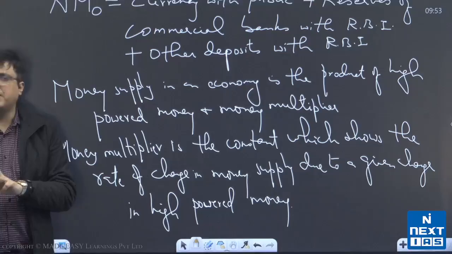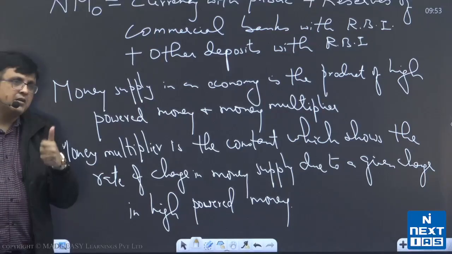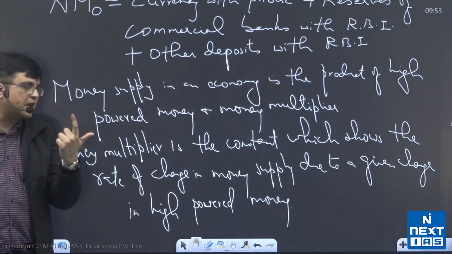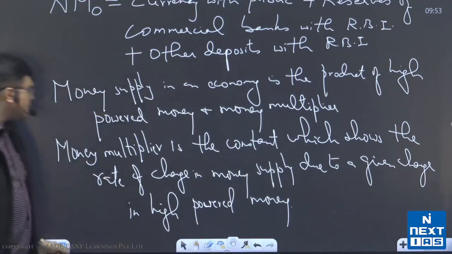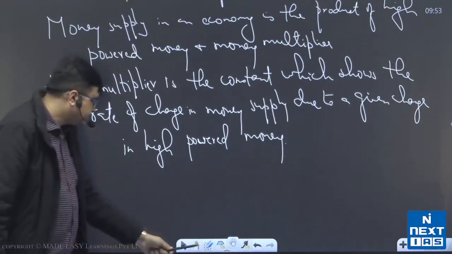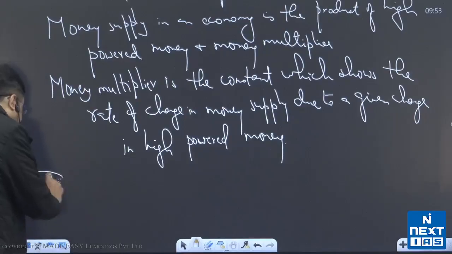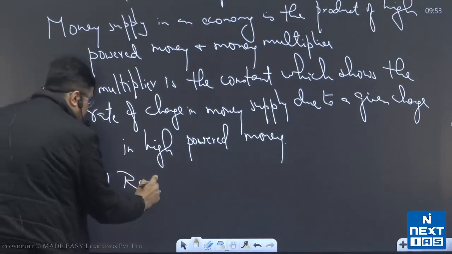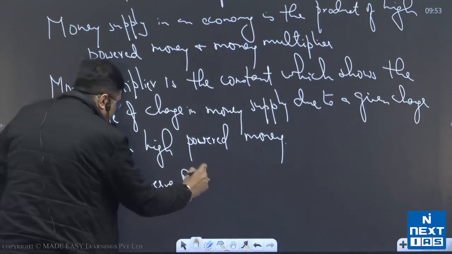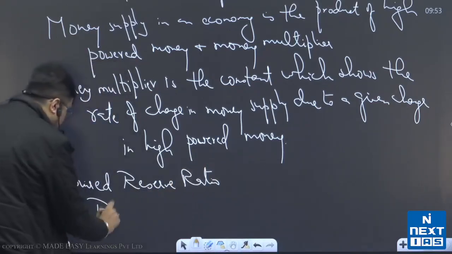And what is high-powered money? Currency with public, reserves of banks with RBI, and other deposits with RBI. Just one more concept you keep in mind. It's called required reserve ratio. We'll keep calling it RRR.